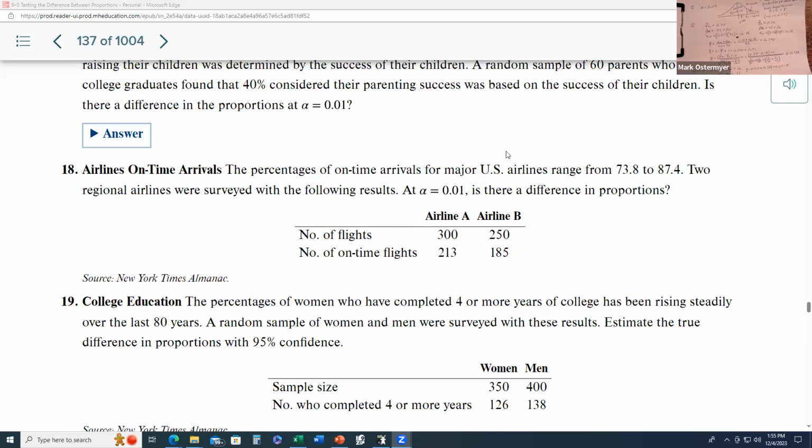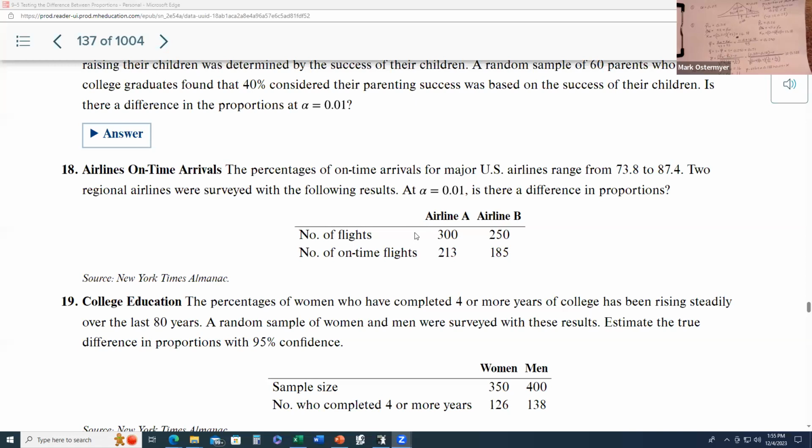It says the percentage of on-time arrivals for major U.S. airlines range from 73.8 to 87.4%. 2 regional airlines are surveyed with the following results. At the 1% level, is there a difference in the proportion of these airlines who are on time or not?